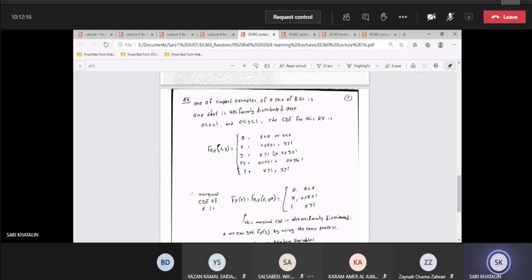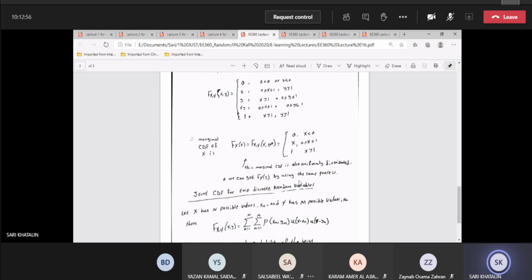Now, if we need to find the marginal CDF of X, it means we need to set Y to infinity, which means we delete everything related to Y. The first one is 0, where X is less than 0, so this one will go away. And for X between 0 and 1, we take this one away, and this one away. And this is the last one.